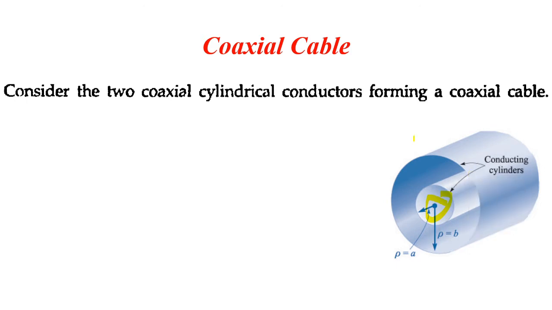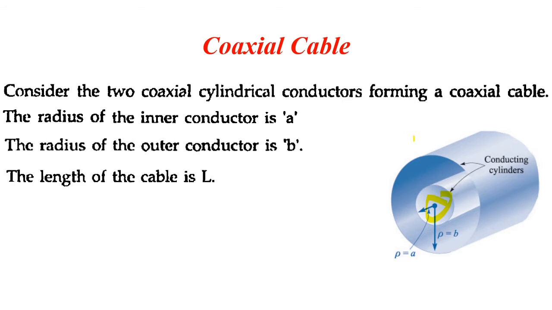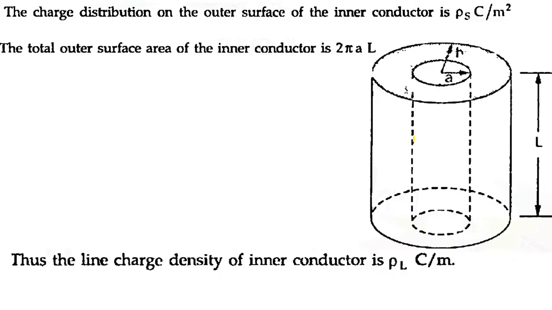Normally one is plus and the other is minus. We are taking the radius of the inner conductor as a and the radius of the outer conductor as b. The length of the coaxial cable is taken as L.